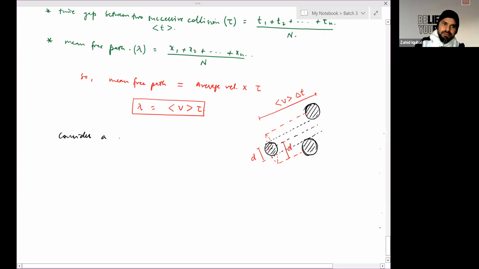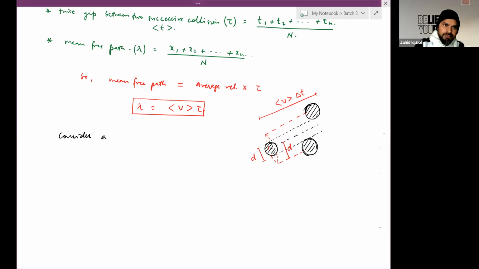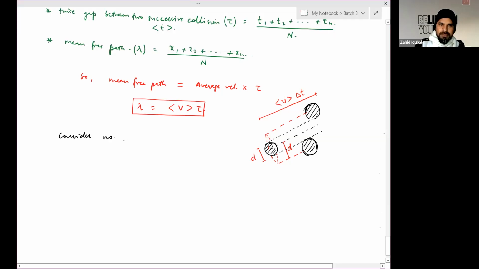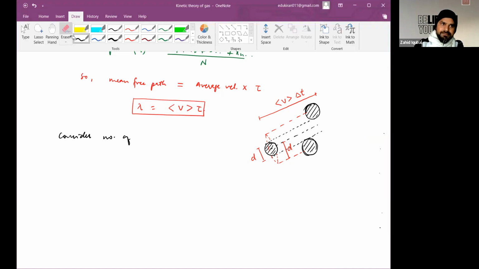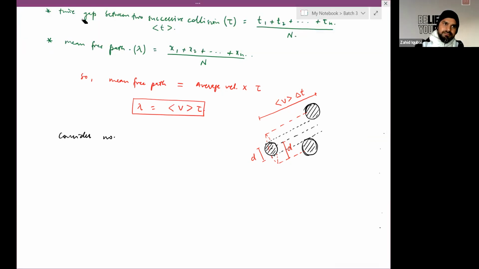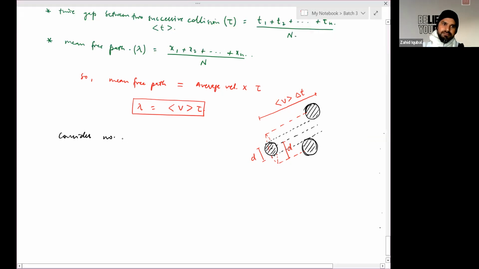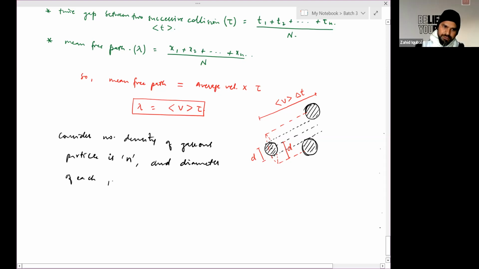Consider the number density of gaseous particles is small n, and the diameter of each particle is d.